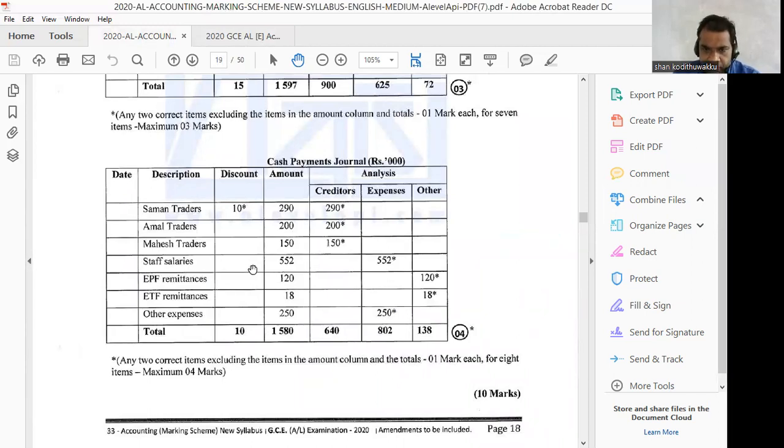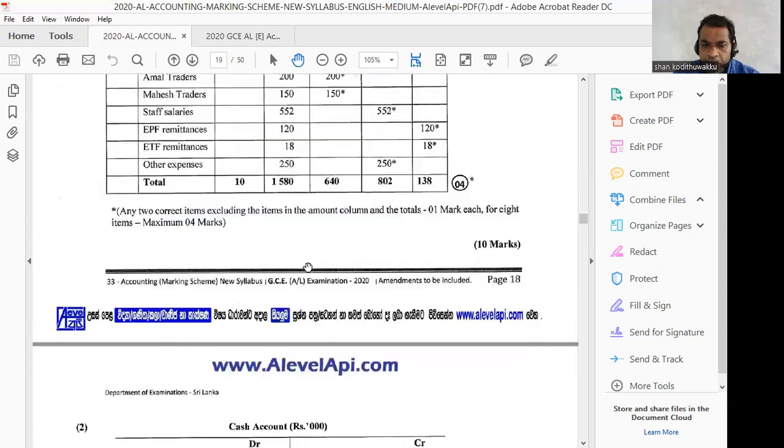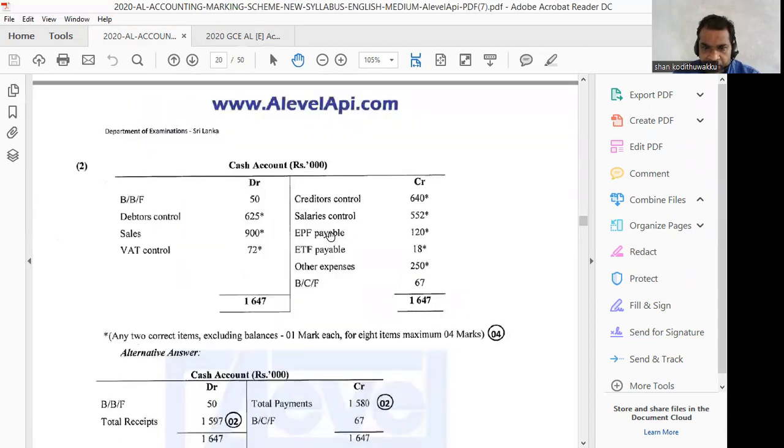Staff salaries amount paid 552. Again, analysis column expenses 552. They have paid this one as net salary, after deducting EPF from employees. Then again, you can credit this 552 in the cash account.